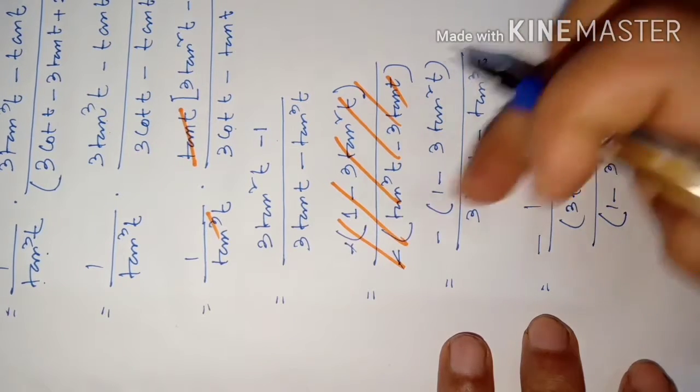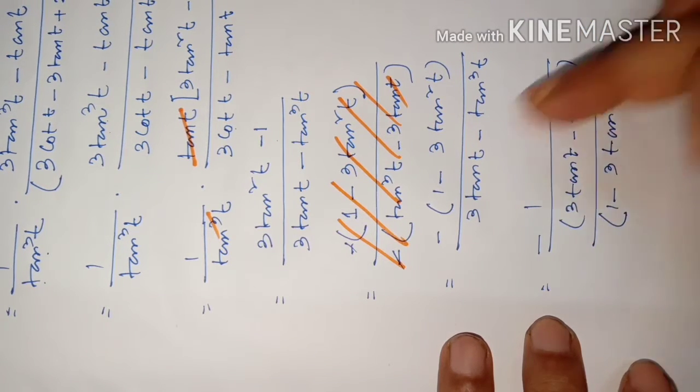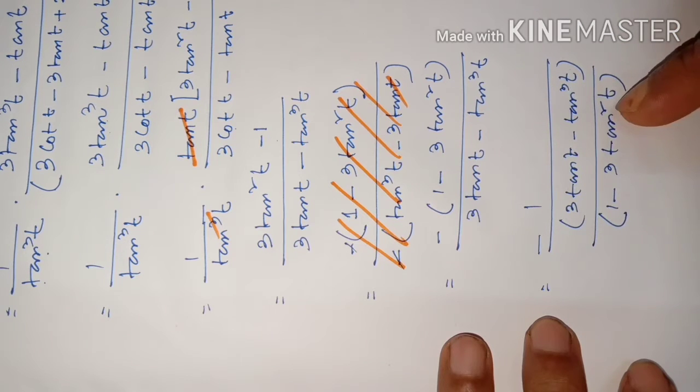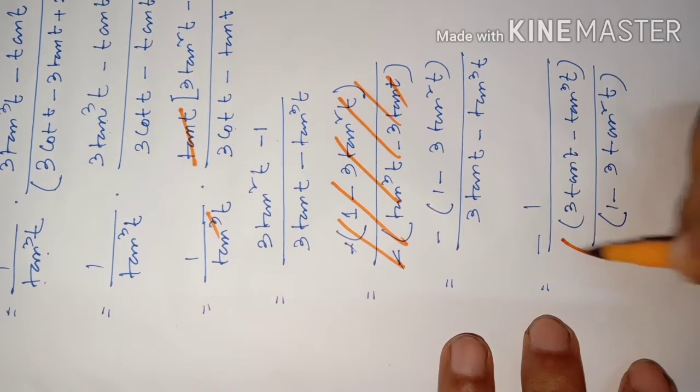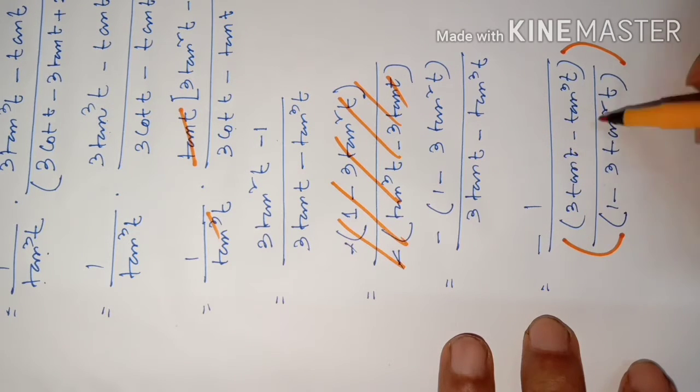This whole thing can be rearranged this way, because 1 by this whole thing means it will again become 1 minus 3 tan square t as a numerator, here it will come, and denominator will remain this one. So the benefit of writing this way is that this whole thing represents what? Tan thrice t, tan 3 theta.